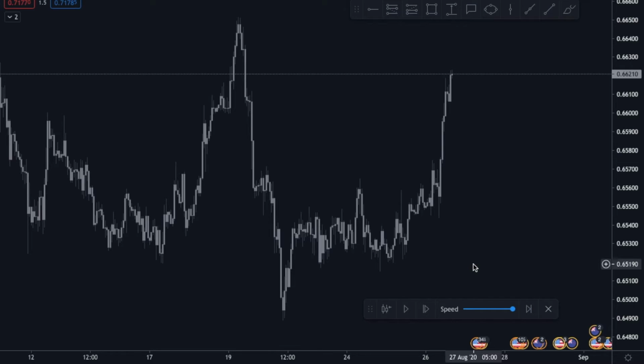Actually, not a trade analysis, more just a market analysis. This is really just me going through the market, practicing my timing, practicing my data analysis, just spotting certain things. So this isn't an actual trade I took or anything.